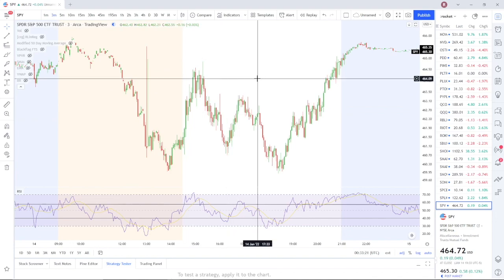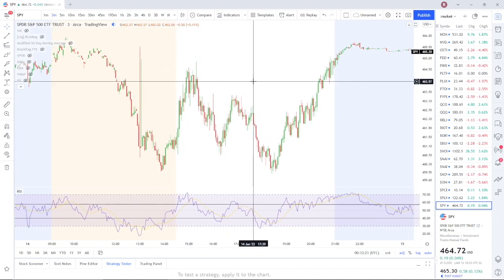So, yeah, averaging as well. That's why I was telling you that earlier. The trade I took to the downside and buying more was helpful.